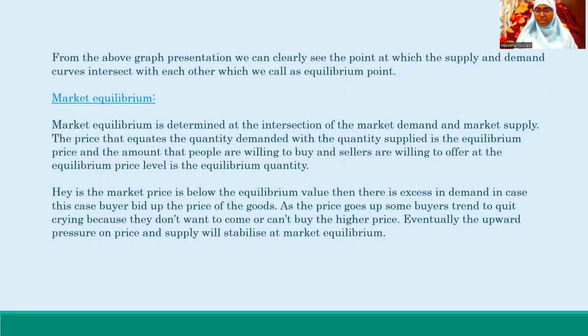Eventually, the upward pressure on the price and supply will stabilize at a market equilibrium. So, a supplier has to supply the products depending upon the buying capabilities of the buyers. When a demand is created for a product, the supply should be in a range that all the buyers can buy those products, which will result in the supply and demand curves intersecting.